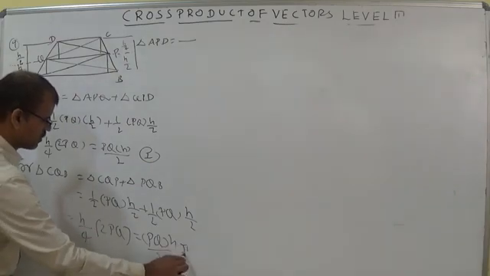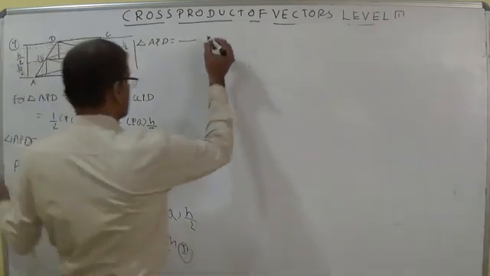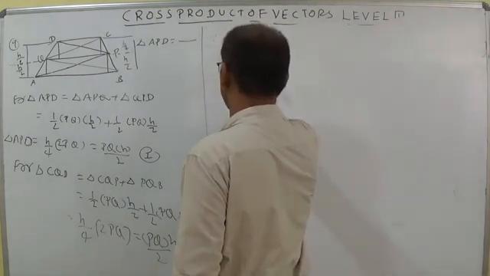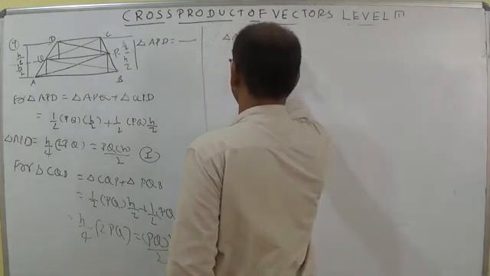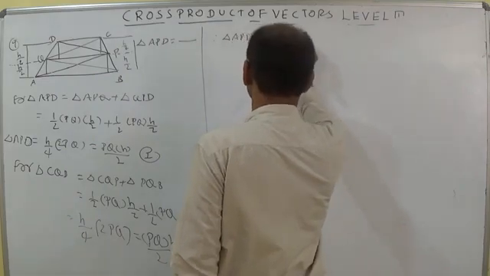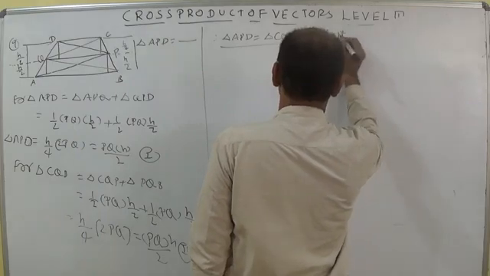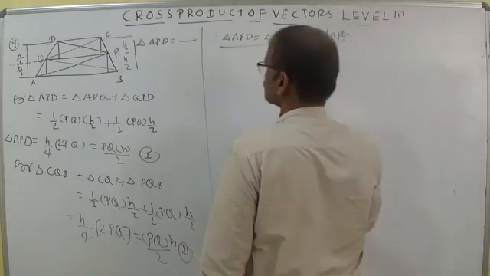Let it be Roman number 2. Therefore, area of delta APD is equal to area of delta CQB. Therefore we verified the third option.